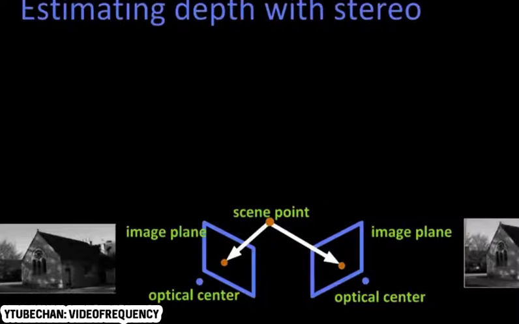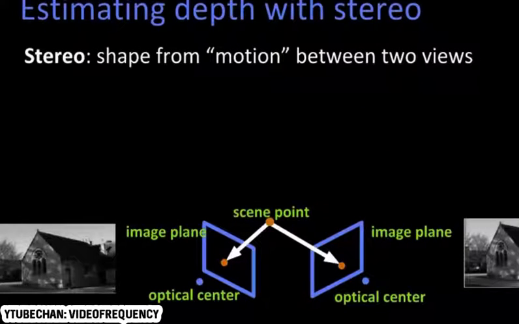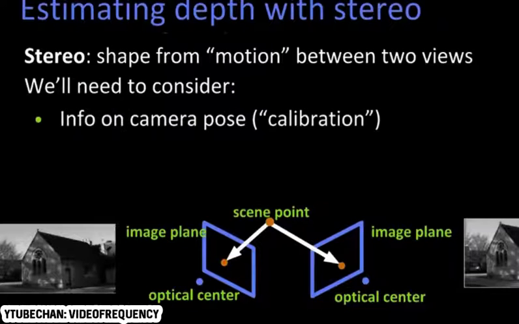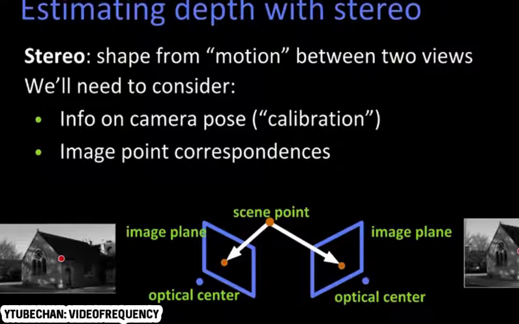That's it. So for estimating depth from stereo, remember the shape between the two views, there are two things we have to consider. First is information on camera pose, sometimes referred to as calibration. How are the cameras oriented in space with respect to each other? And the second is image point correspondences. That is, which point corresponds to which.